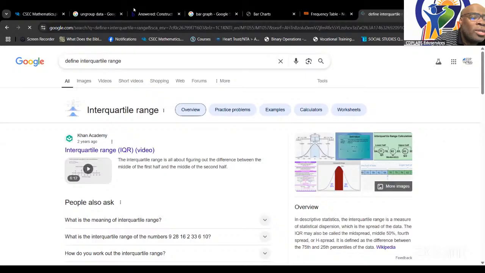But just by knowing the definitions can work the trick. The interquartile range is all about figuring out the difference between the middle of the first half and the middle of the second half. Right? The difference between those two.